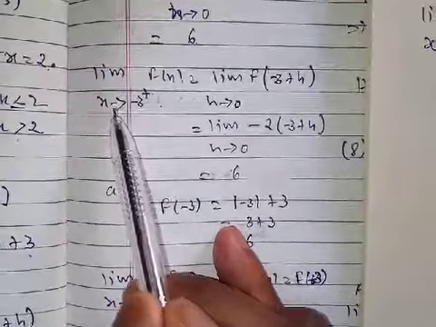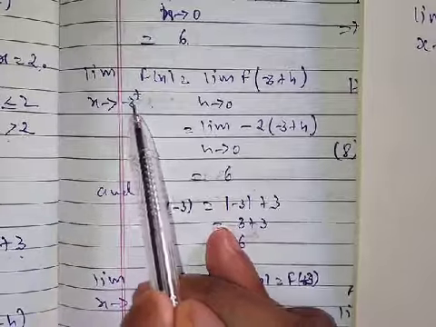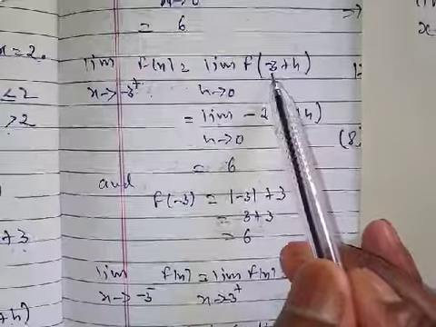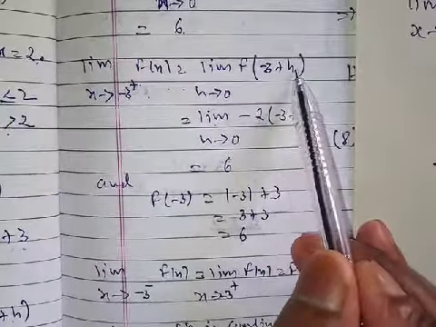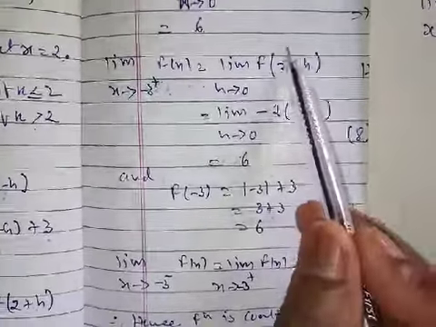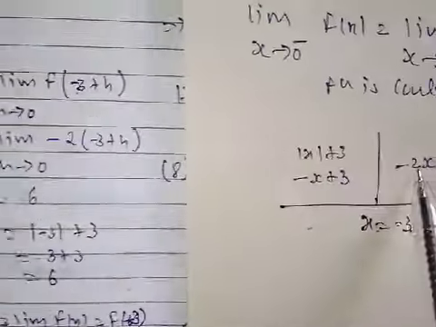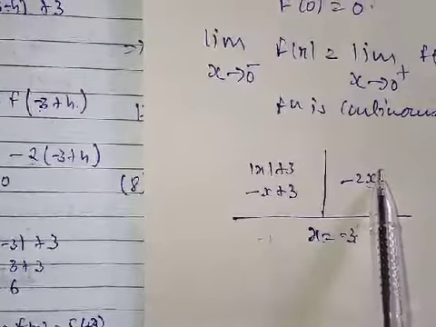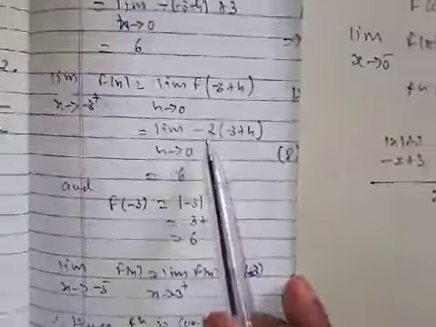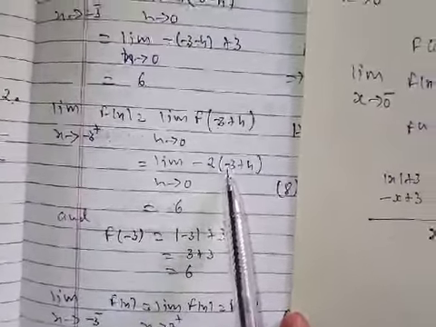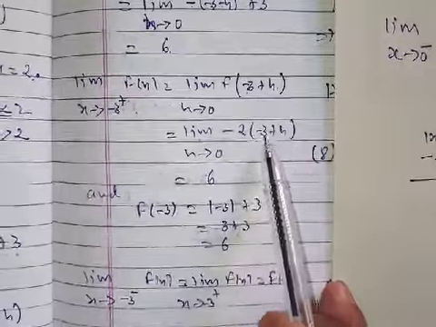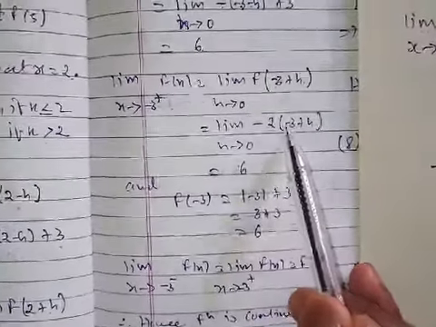So limit as x tends to minus 3 plus of f of x is equal to limit as h tends to 0 of f at minus 3 plus h. We have to substitute here: minus 2 in place of x, so limit as h tends to 0 of minus 2 in the bracket minus 3 plus h. When we substitute h equal to 0, you get minus into minus plus, 2 threes are 6, so 6.